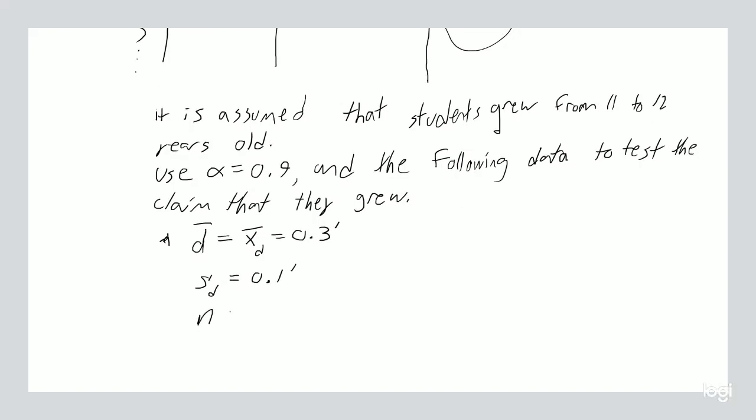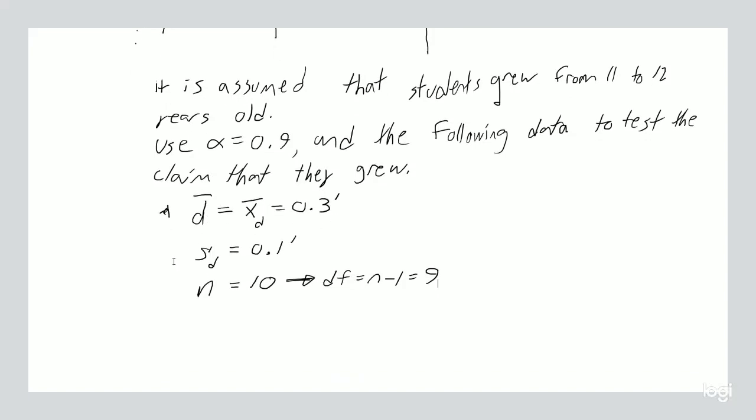And our sample size, the number of students we looked at, let's say it was 10, okay? Now we're going to be using the t-table because we have sample standard deviation, so we'll also need our degrees of freedom, which is going to be n minus 1, which in this case is 9.